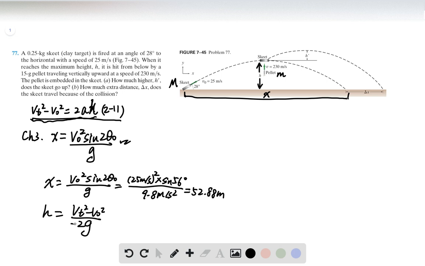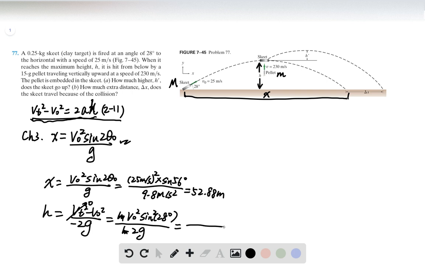The final velocity is just 0. The initial velocity is v naught squared sine squared 28 degrees, and the negative signs cancel each other.